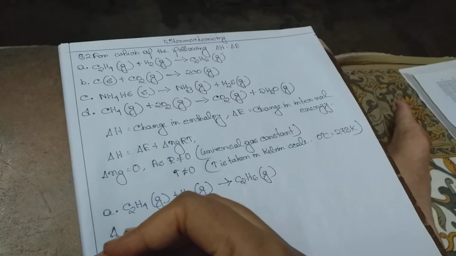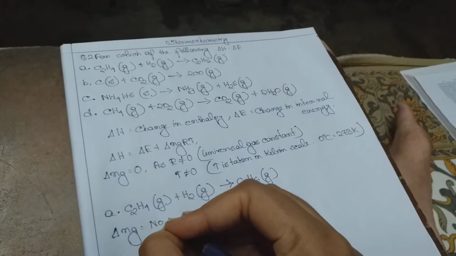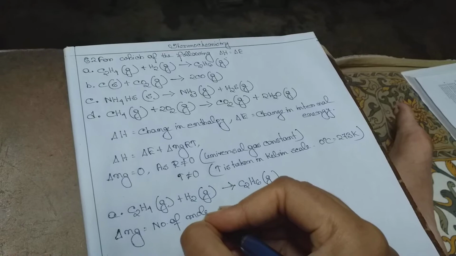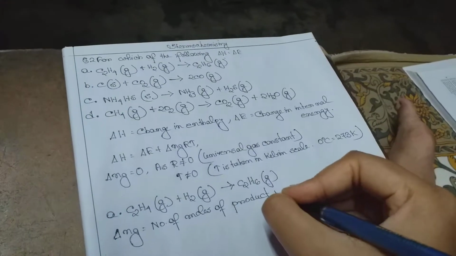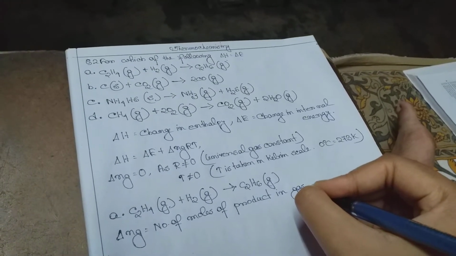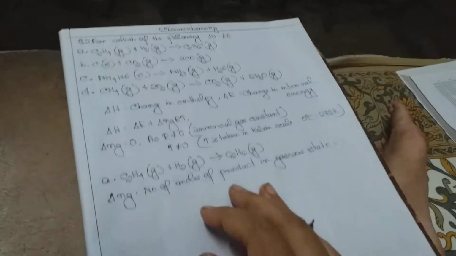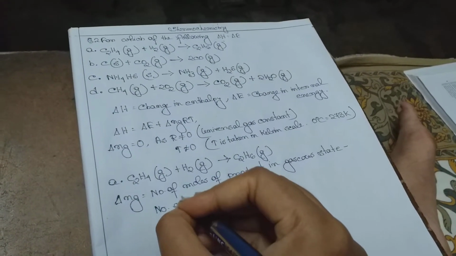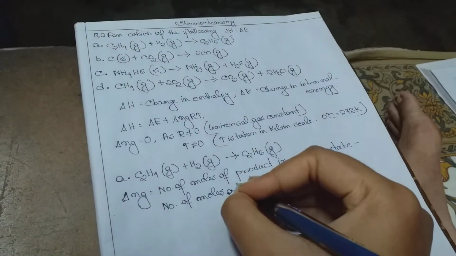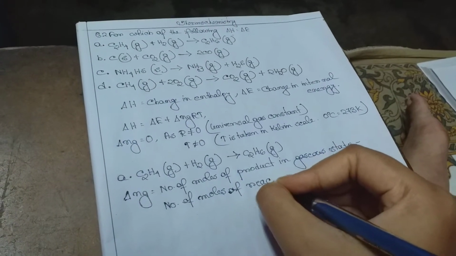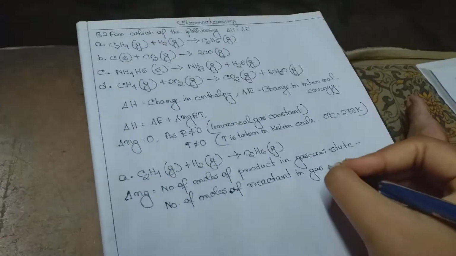Here delta Ng is equal to the number of moles of product in gaseous state minus the number of moles of reactant in gaseous state.